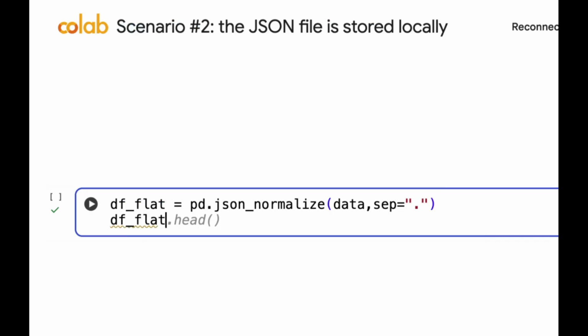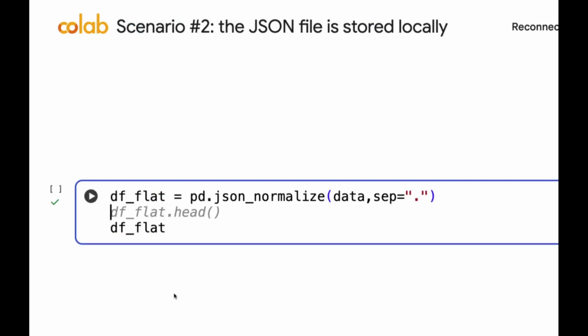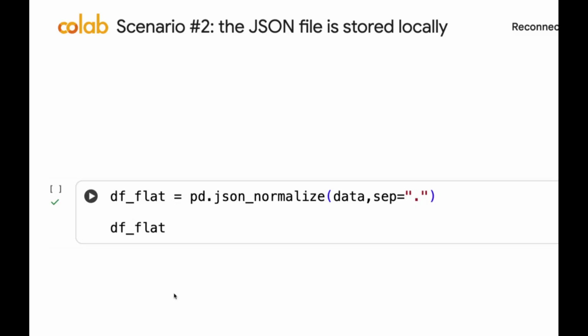It's only 3 records, so let me just type the name of the data frame to see the full content. Here, we have the JSON data stored in the variable data, a bunch of dictionaries. Instead of directly loading it, we used json_normalize, which means we are doing some flattening, removing the nested structure. Let's see how it looks.